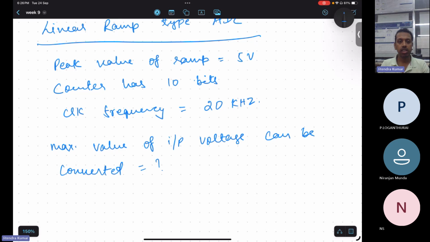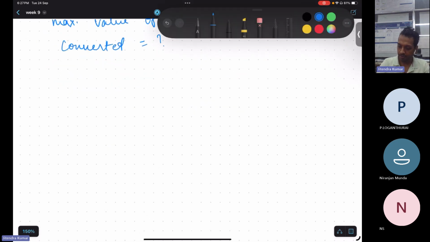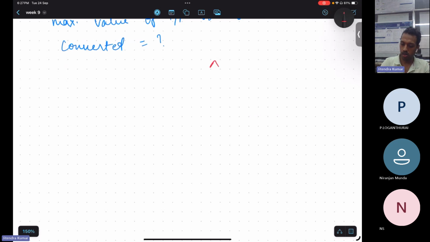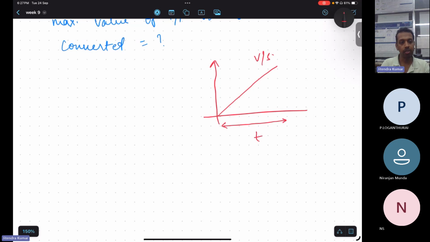Now let us see some basics of the linear ramp type. How does it work? You will have this kind of input, which increases with a ramp, and this ramp will have a slope in volt per second. You will have one counter, and for some time period, let us suppose t1, you make your counter stop at this instant of time.